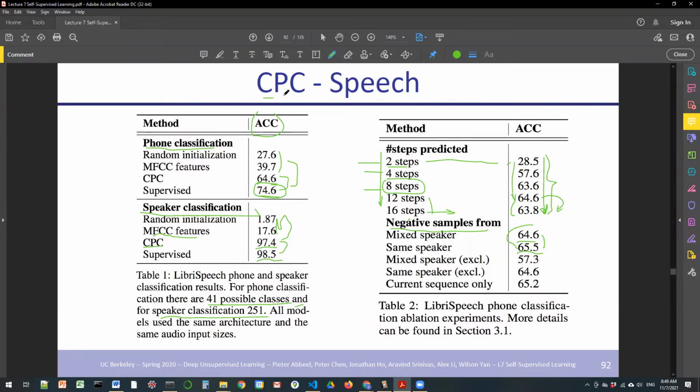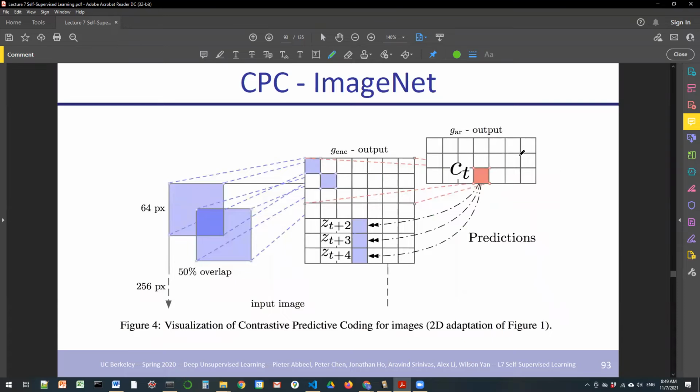Now, I want to take this setup and do the task of learning good embeddings in a self-supervised manner, not just in audio, but also in image. So we'll quickly look at what we have to do in order to apply the same framework to images. That's what the next several discussions are about.